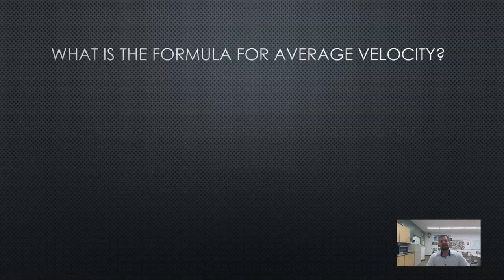So, as a quick reminder, when we talked about average velocity, we said that we use a formula to find average velocity for something that is moving, where we have a formula that determines the position of that object.